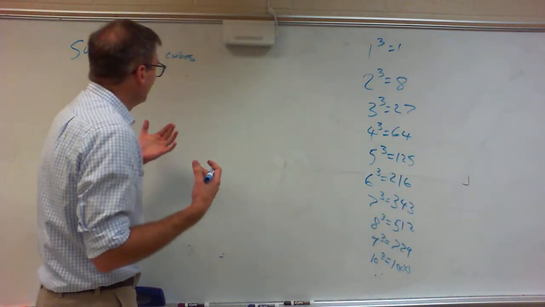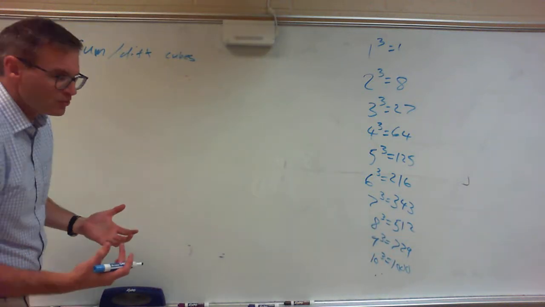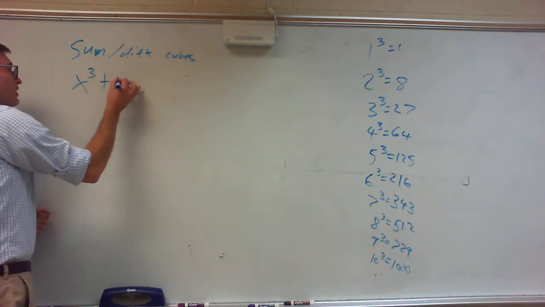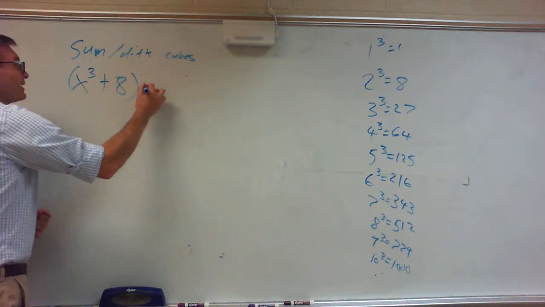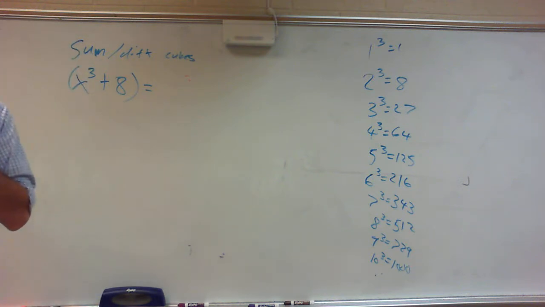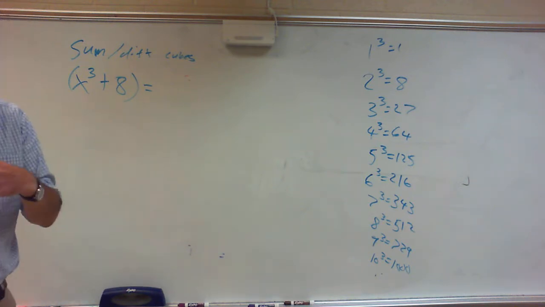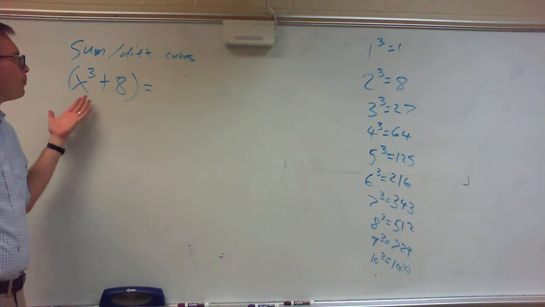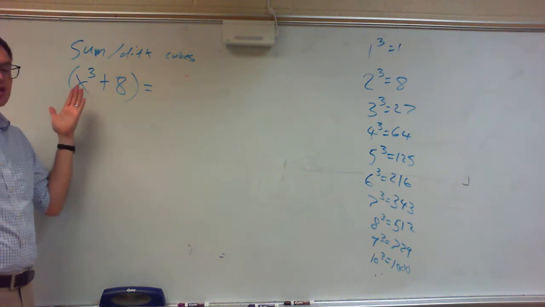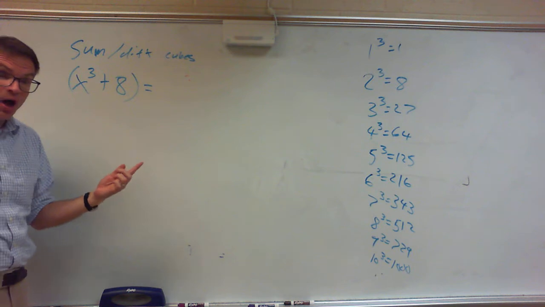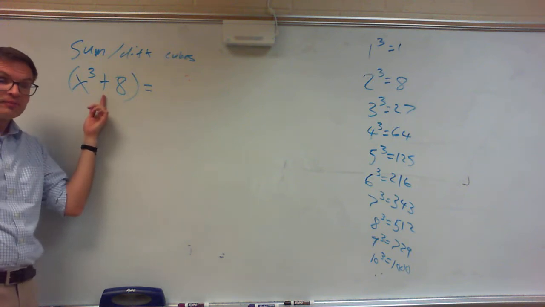Well, so the title of this is Sum and Difference of Cubes. If I give you something like x cubed plus 8, and I say factor it, now, it turns out, and we're going to find out why this works later, that this is called a sum of cubes. It's called sum because you're adding.